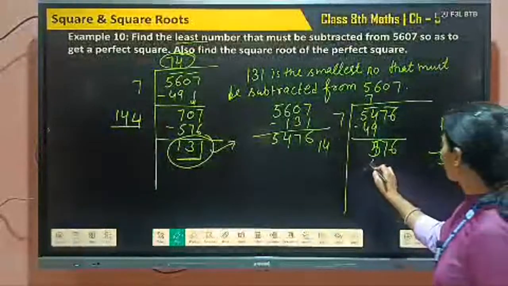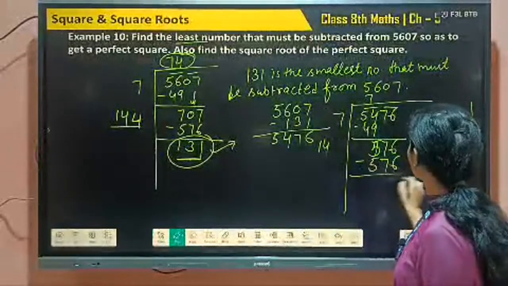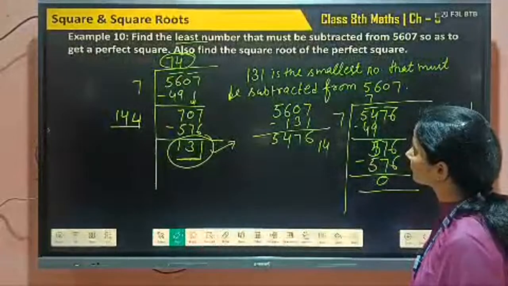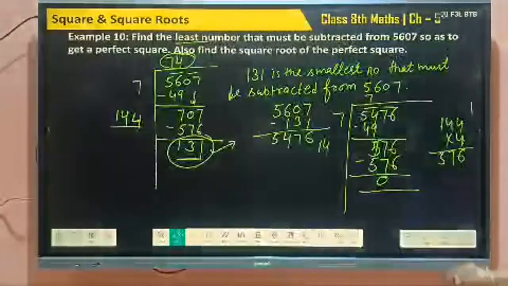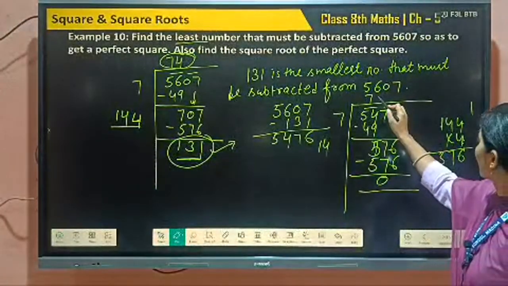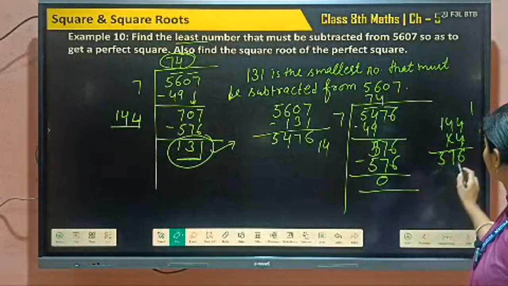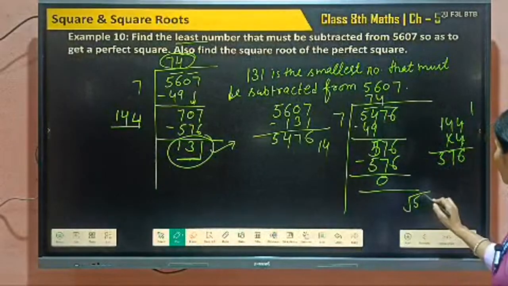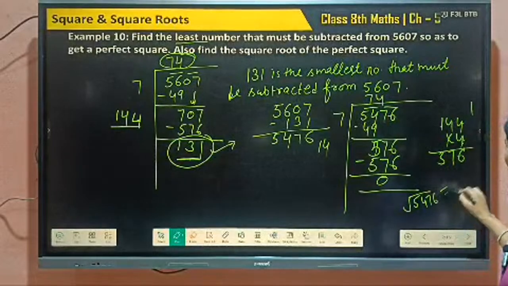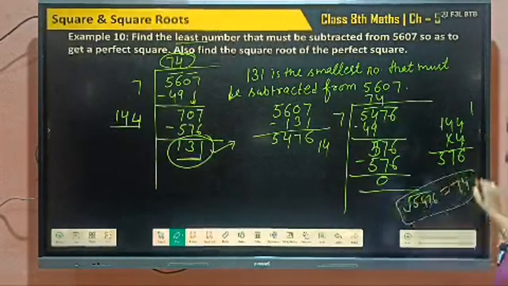The answer is 576. So what will be its square root? The square root will be 74. The square root of 5476 is 74. What was the question?